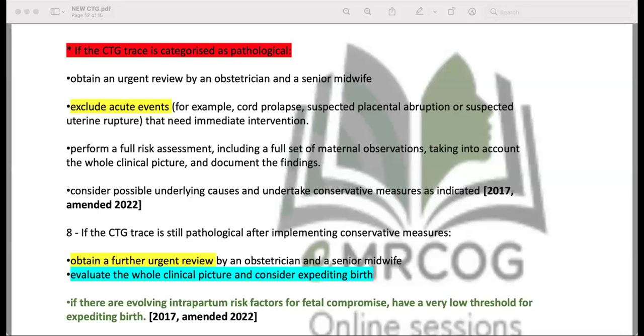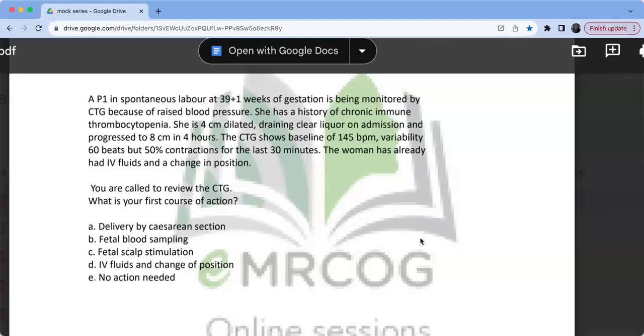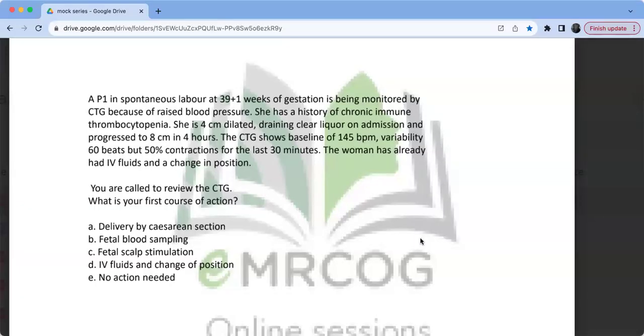In some other questions, the scenario is suggestive of cesarean section for non-progressive labor or for pathological CTG, and he's asking you for appropriate management, or what is your plan of management for the delivery of this case. And he gives you options, including vaginal delivery or operative vaginal delivery or cesarean section, and you suggest delivery by cesarean section. So it's another context.